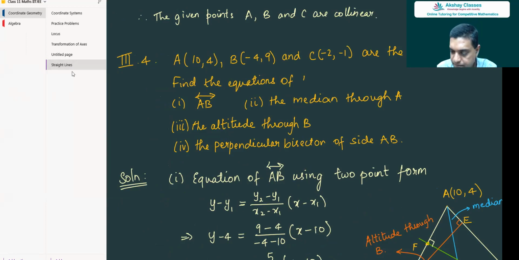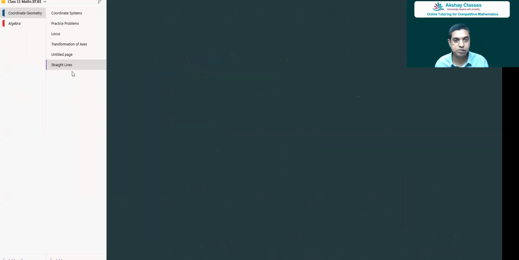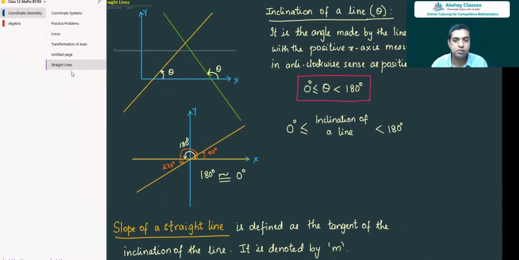Next page, again, other three forms. Other three forms of the straight line.